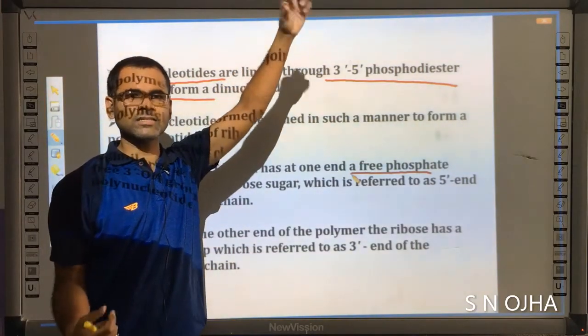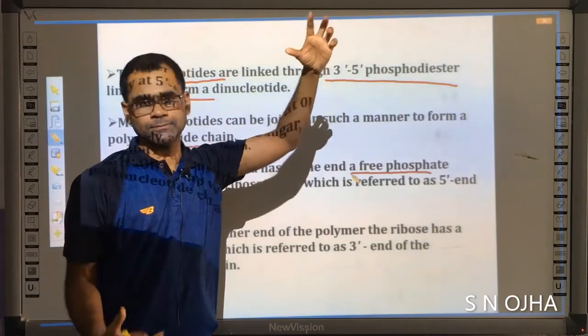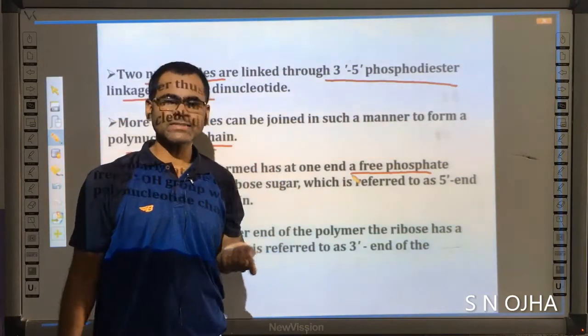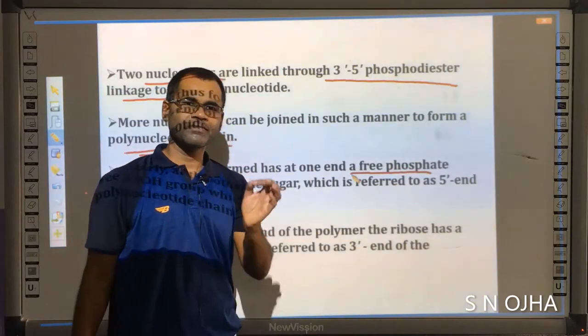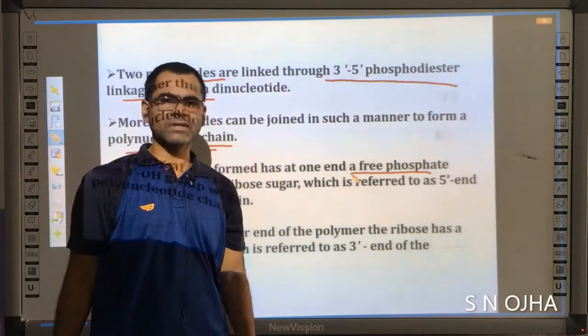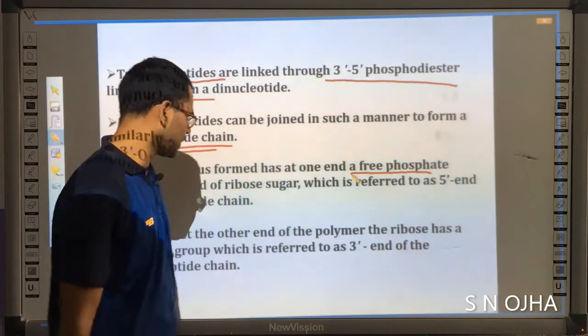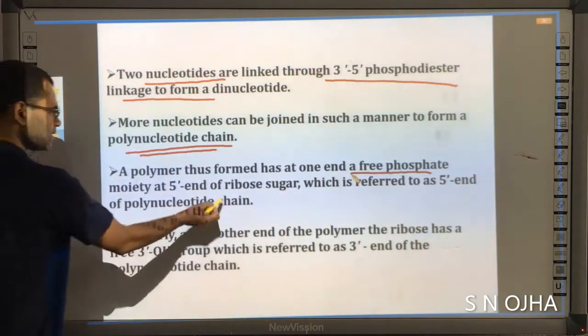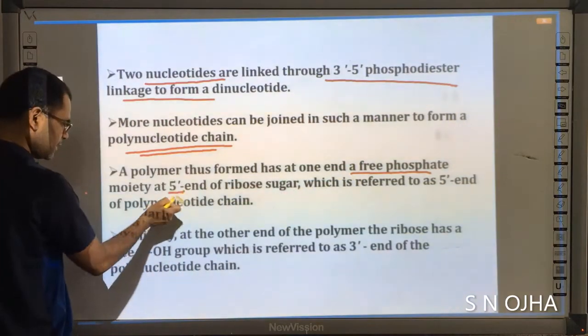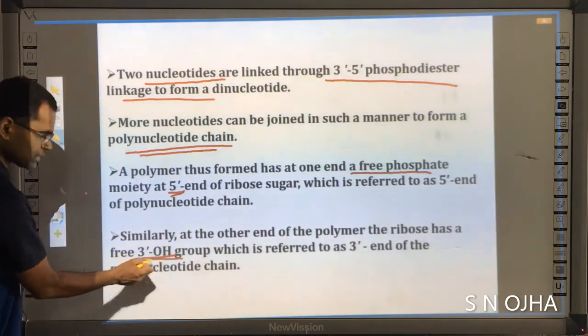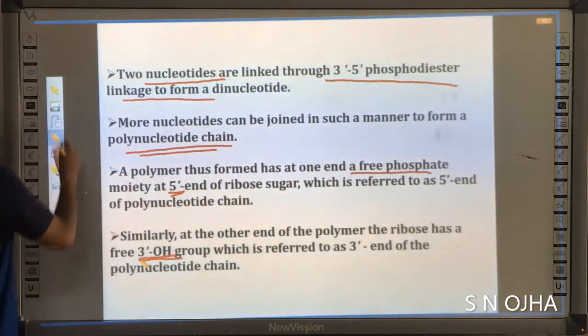And as a result, this provides the polarity of the DNA, and hence the strands of DNA are termed 3' to 5' or 5' to 3'. Okay, so a phosphate is present at the 5' end, and a hydroxyl group is present at the 3' end.